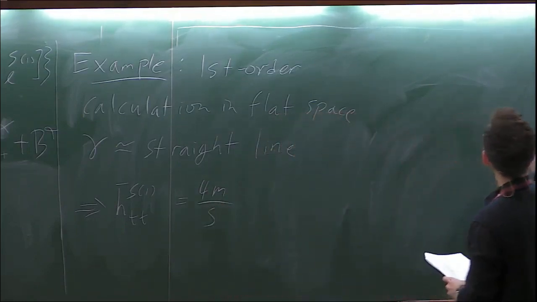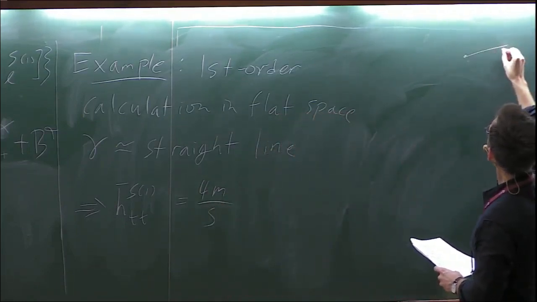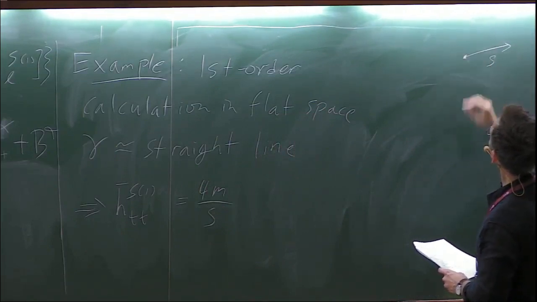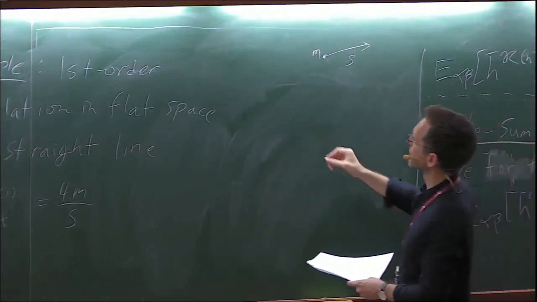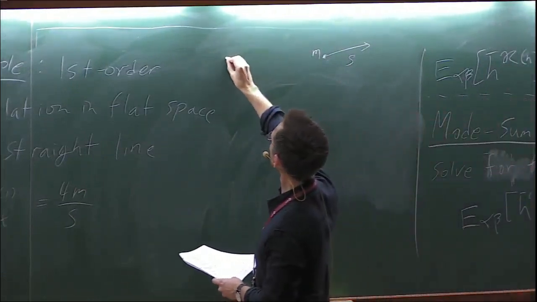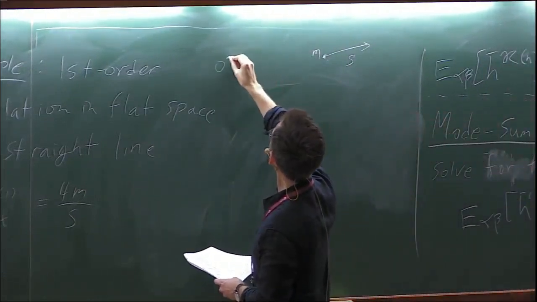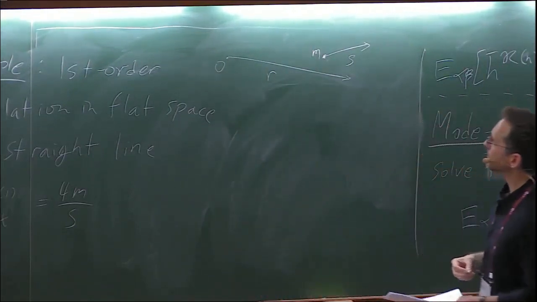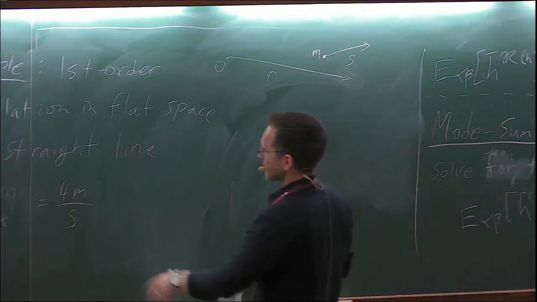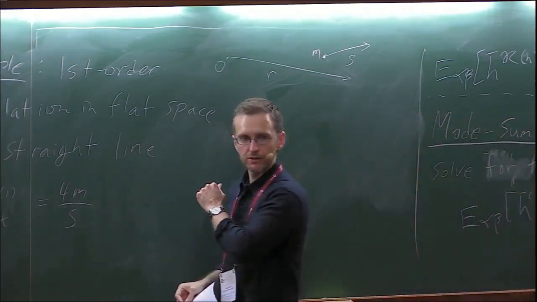So here I'm using s as the distance from the particle. So to not confuse it with the r, let's say this is your origin over here, and r is the distance from the origin. So in flat space, this is exact, you have no corrections.